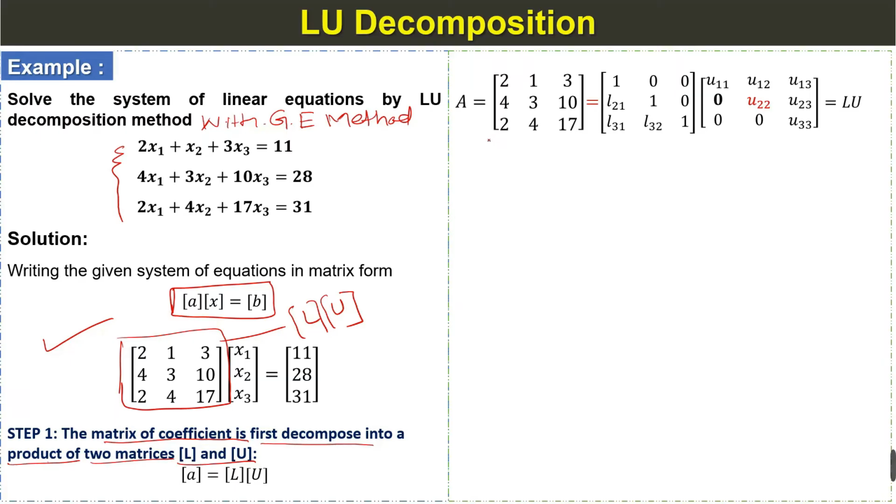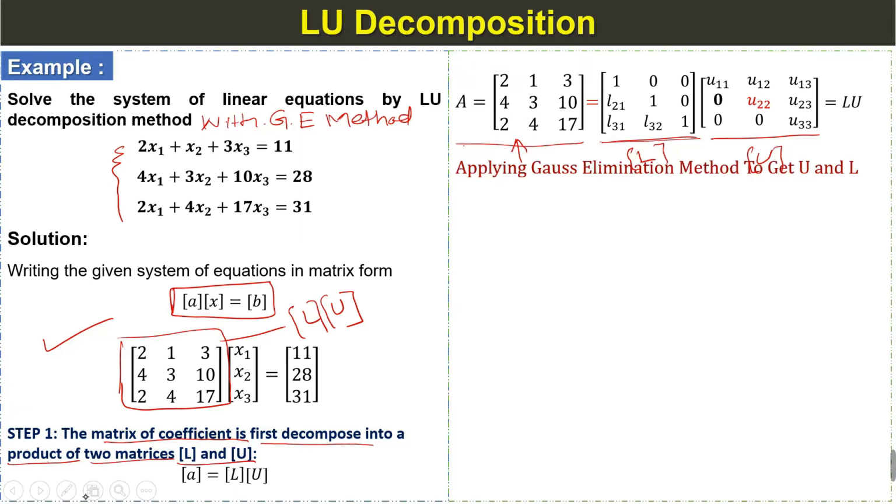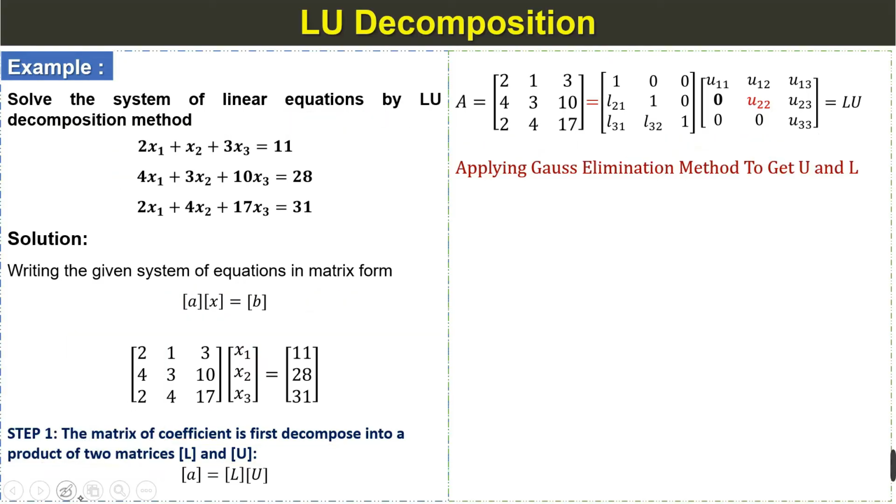So we write the coefficient matrix A is equal to this one, the lower triangular matrix, and this one, the upper triangular matrix. Now we find the upper triangular matrix and the lower triangular matrix by applying the Gauss elimination method.